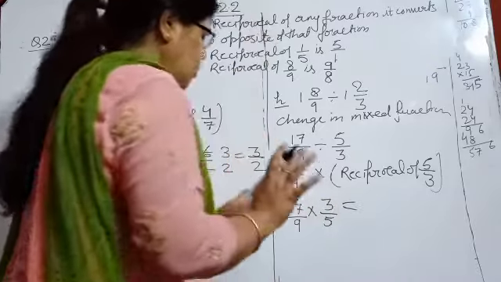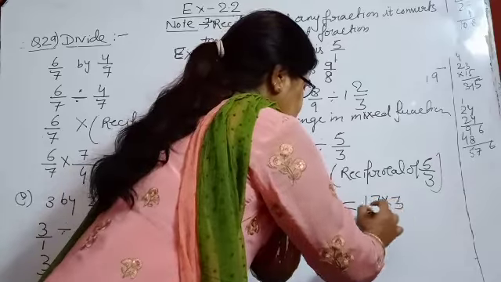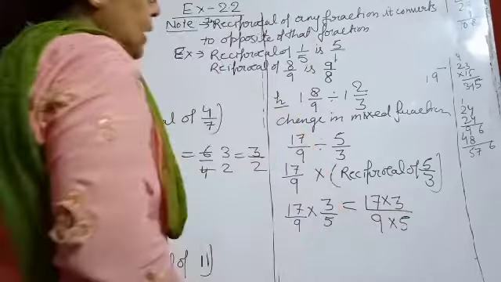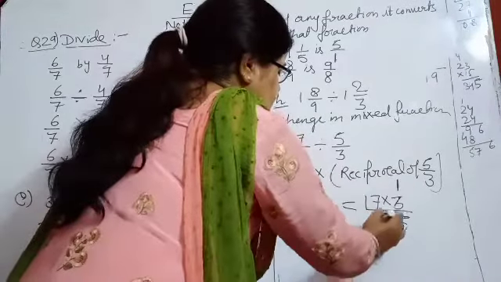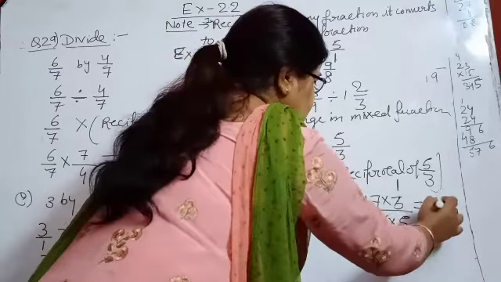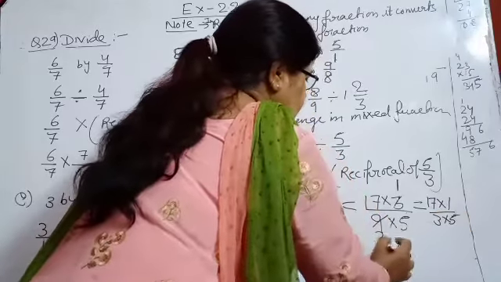Now no need to multiply directly. Try to make them cancel if there is any possibility. 9 into 5. You can see why I am not multiplying, because 3 and 9 both can be cancelled. 3 ones are 3, 3 threes are 9. Now further cancellation is not possible. So 17 into 1 over 3 into 5.